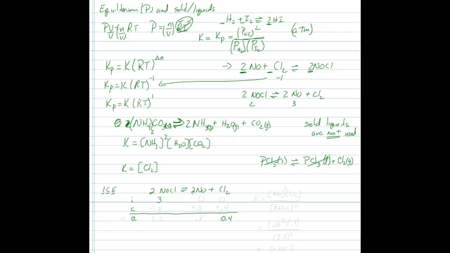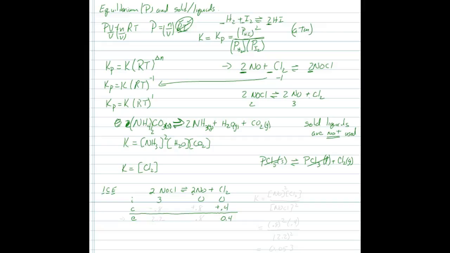Initially, you had 3 molar NOCl and no nitrogen monoxide and chlorine. So you had 0 and 0. Then what you do is you use this ICE table. 0 plus what will give you 0.4, and that's a plus 0.4. But we also have to pay attention to stoichiometry. This is a 2.